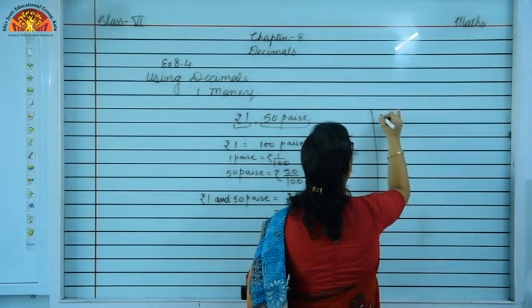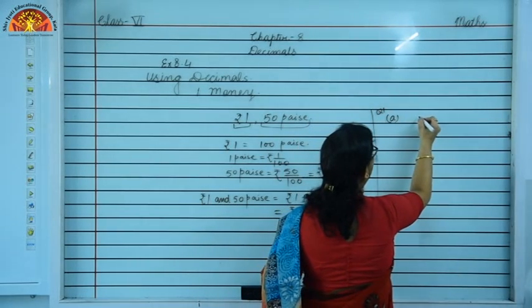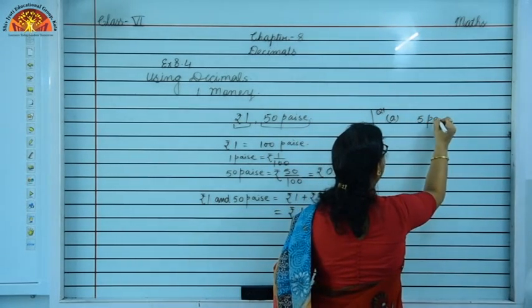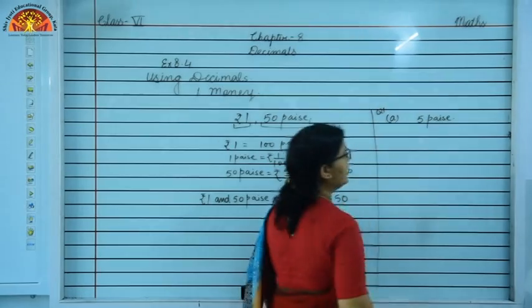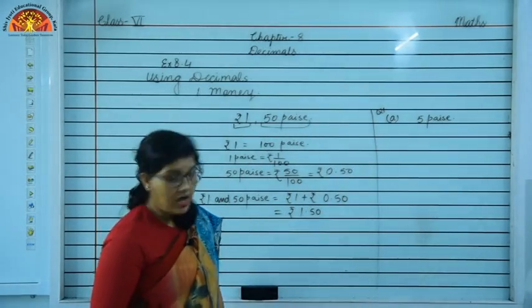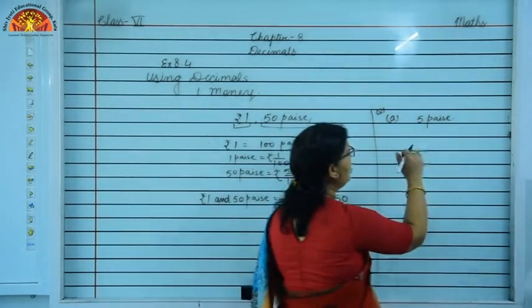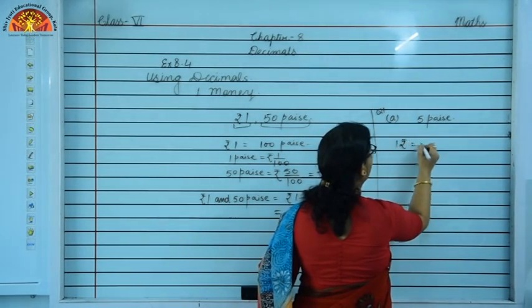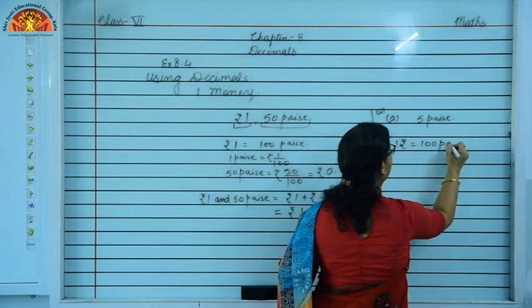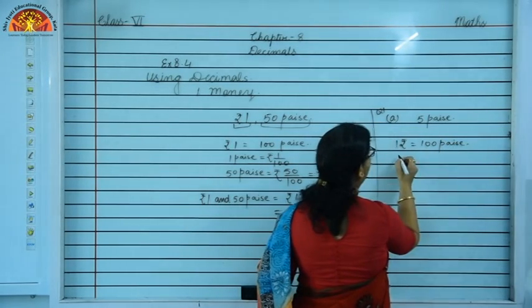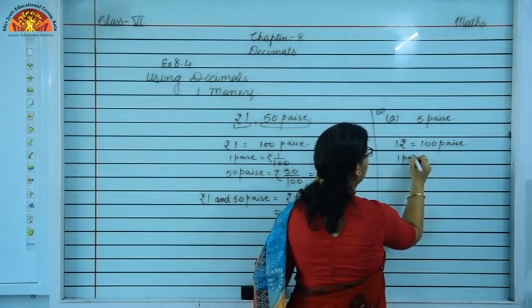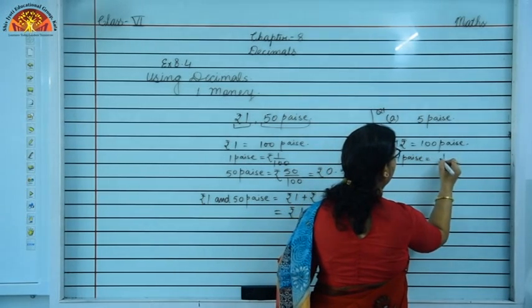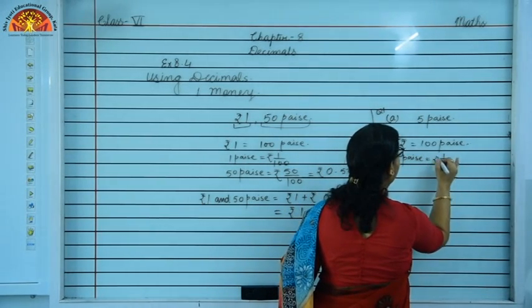A part of question number 1. Suppose we have 5 paise and we want to convert into rupees. Now how do we convert this 5 paise into rupees? Again we know 1 rupee is equal to 100 paise and 1 paisa is equal to 1 upon 100 rupees.